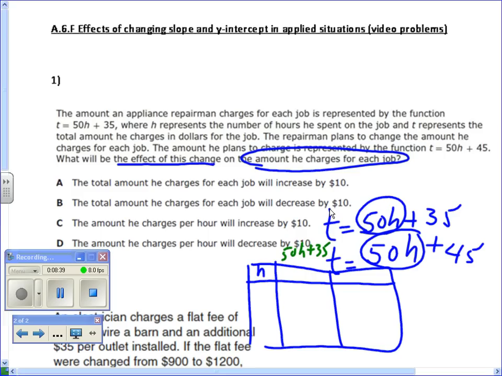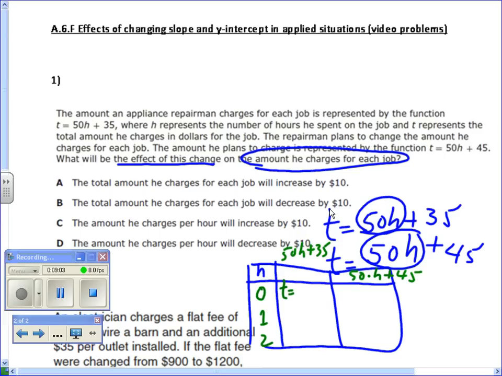For the second one, it is 50 times the number of hours plus 45. So to get a quick look at the difference, we can plug in 0 hours worked, 1 hour worked, and 2 hours worked, and plug these inside the functions to find out the total amount he's charging.